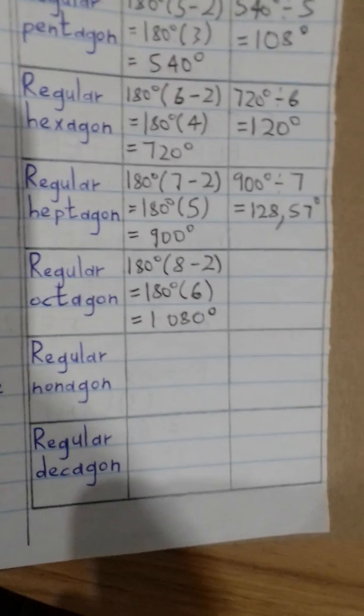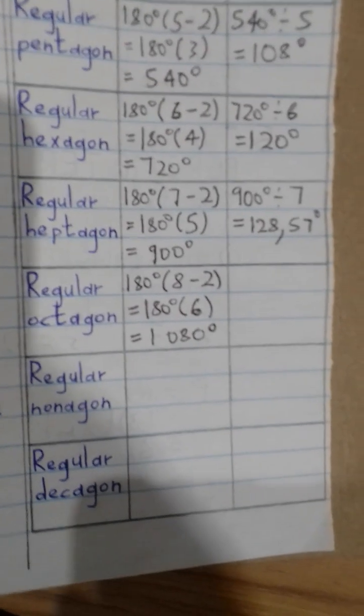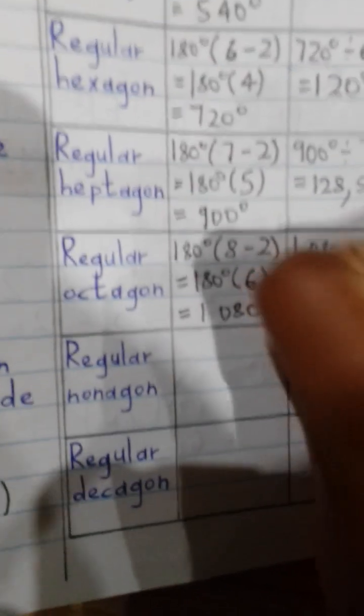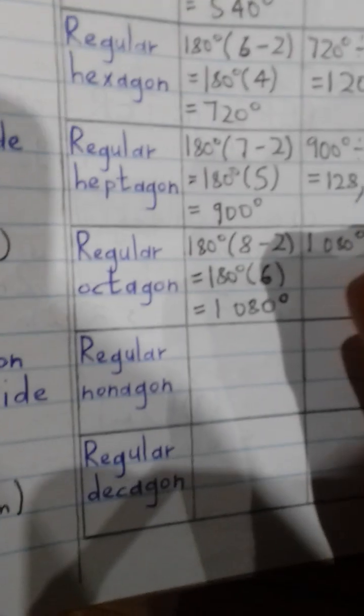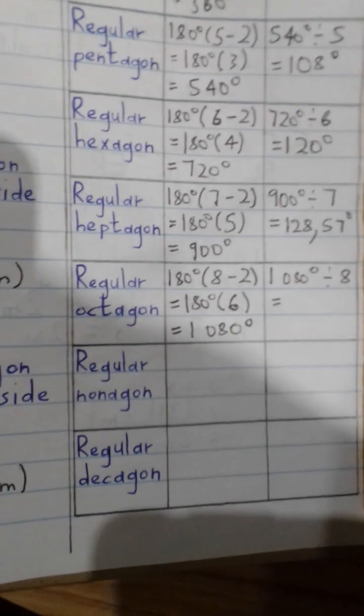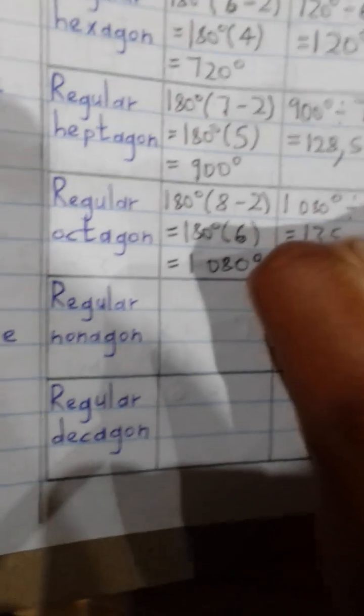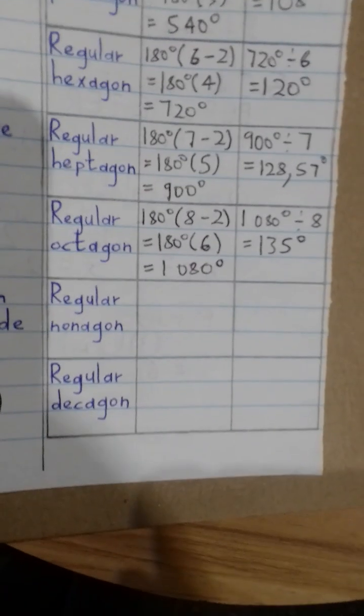Right? Now the size of each interior angle of a regular octagon is going to be 1080 degrees divided by 8, which is 135 degrees. Okay, I hope that's clear enough.